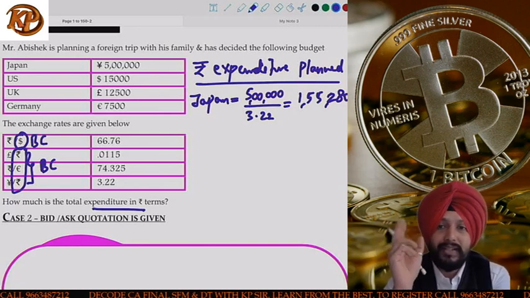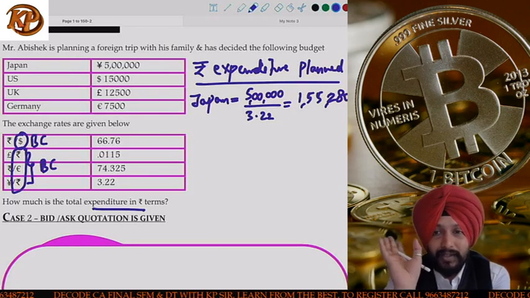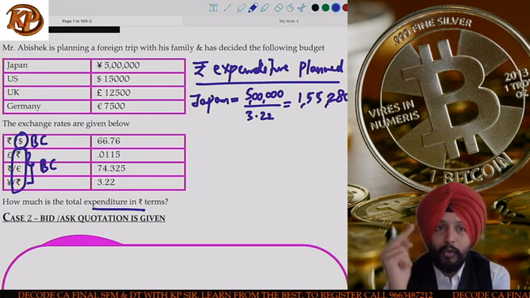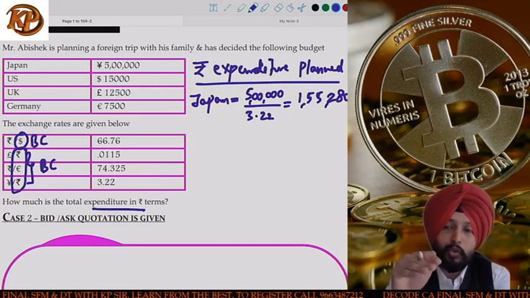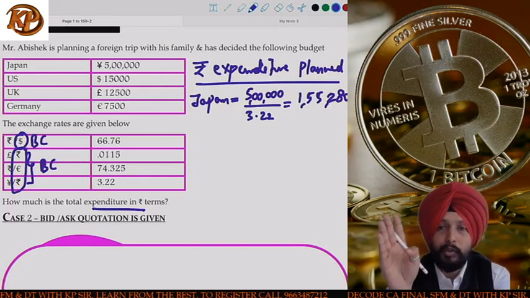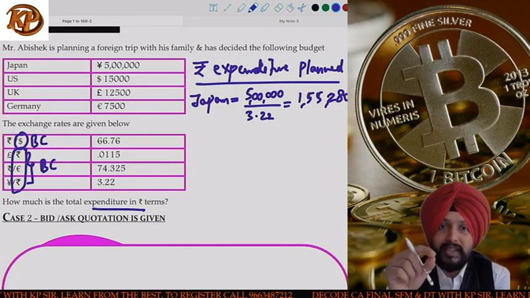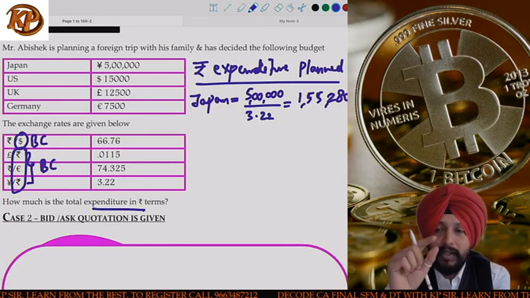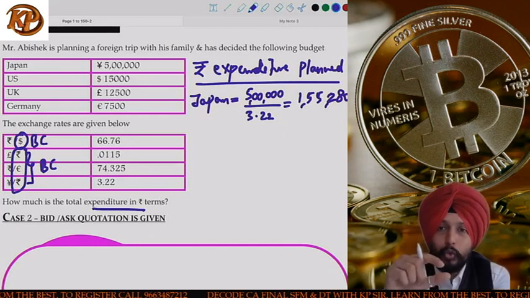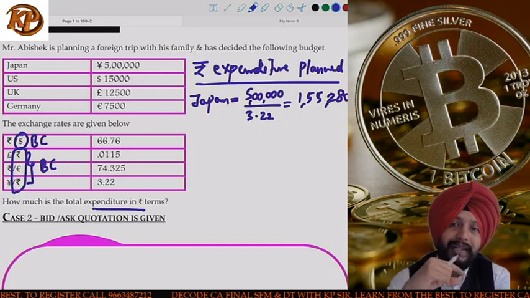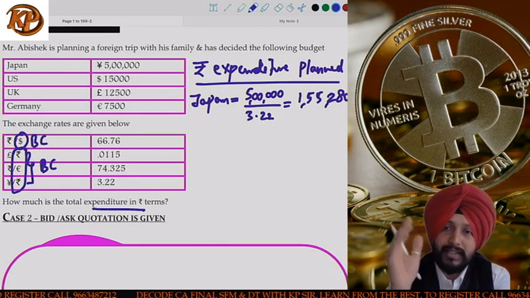Rupee per pound is in the range of 89, 90, 91. Rupee per euro is given as 74, 75, which means it is somewhere in between rupee per dollar and rupee per pound. If I ask you which is the strongest currency, you will say pound, then euro, then dollar, then rupee. That sequence is making sense.